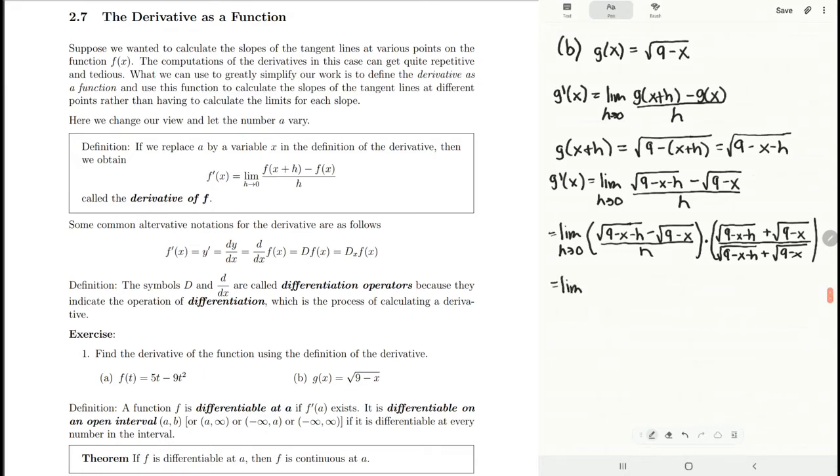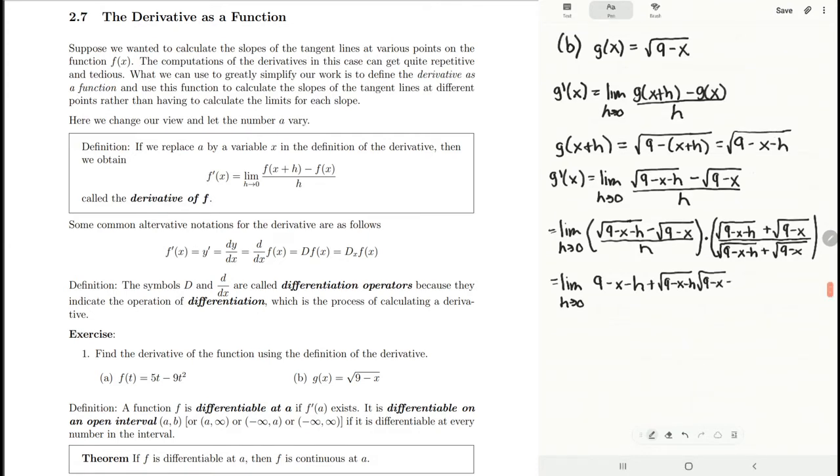And now we FOIL the numerator. So the root of 9 minus x minus h times itself will get rid of the square root. So we have 9 minus x minus h. We have plus root 9 minus x minus h times the root of 9 minus x.